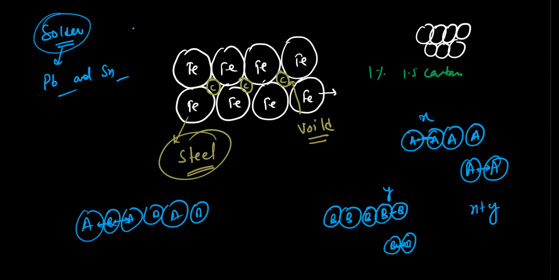It has a very low melting point, and it is a good conductor of electricity. It is used for soldering purposes in electronic appliances. Pb and Sn don't like each other, so when we mix them we get an alloy with a low melting point.